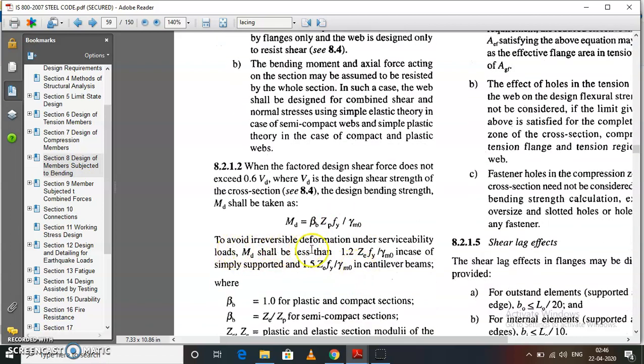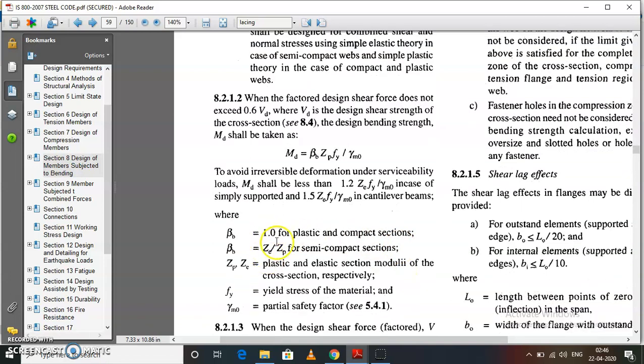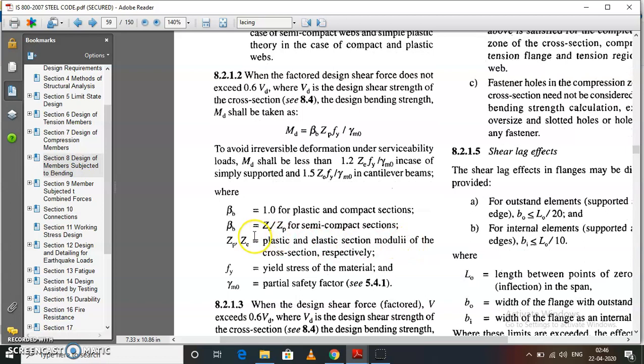To avoid irreversible deformation under serviceability loads, MD shall be less than 1.2 times ZE Fy by gamma M naught in case of simply supported beams, and 1.5 times ZE Fy by gamma M naught in cantilever beams, where beta B is 1 for plastic and compact sections, and beta B equals ZE by ZP for semi-compact sections.